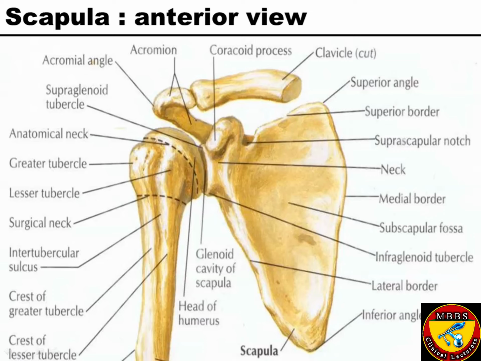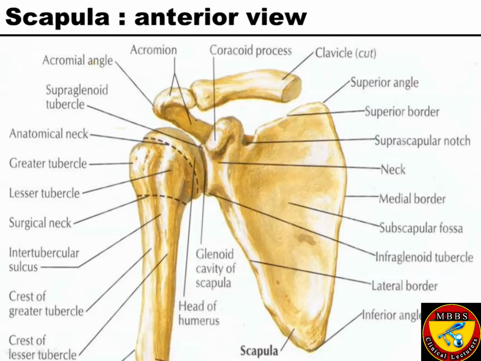It has three borders: superior border, which is thin and short. It bears a notch called the suprascapular notch. Through this notch, the suprascapular nerve and the vessels pass, which we are going to learn in the next lectures.